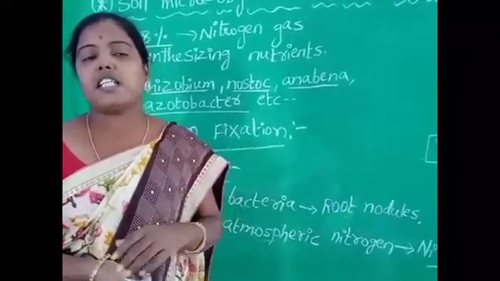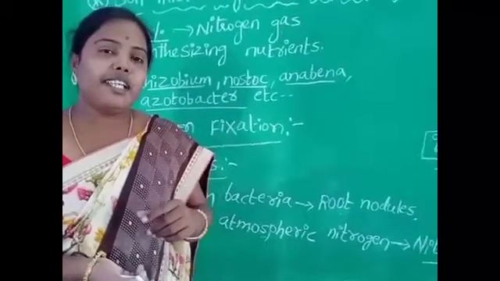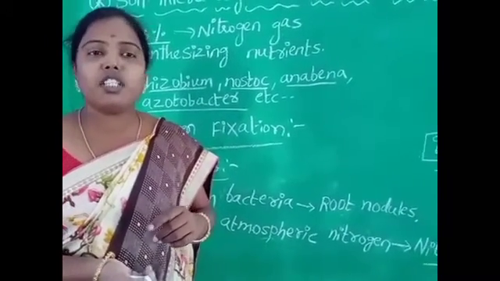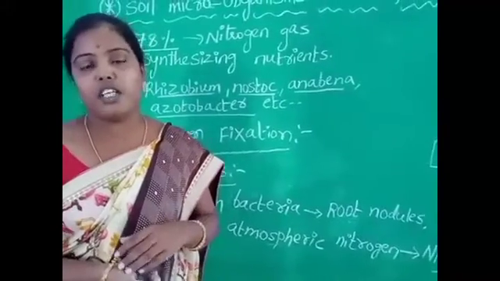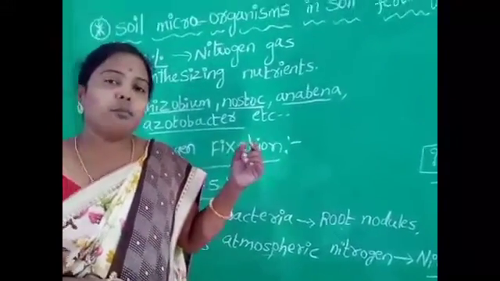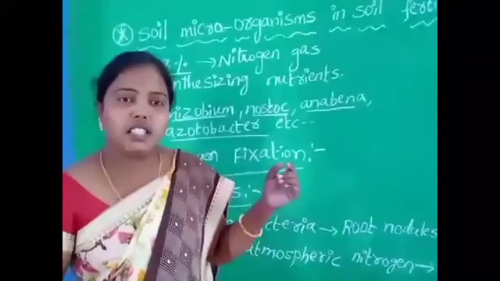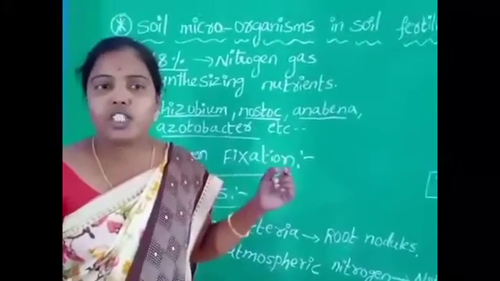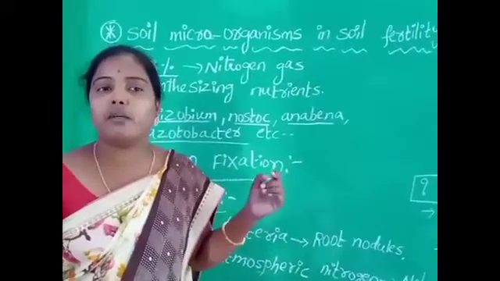Actually, what happens? Our atmosphere contains 78% nitrogen gas. The nitrogen gas is very essential to plant growth, but plants do not absorb it directly from the atmosphere.